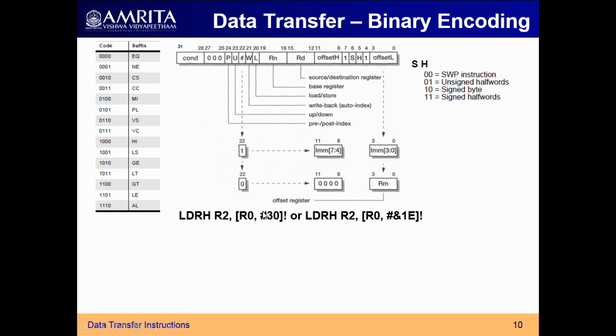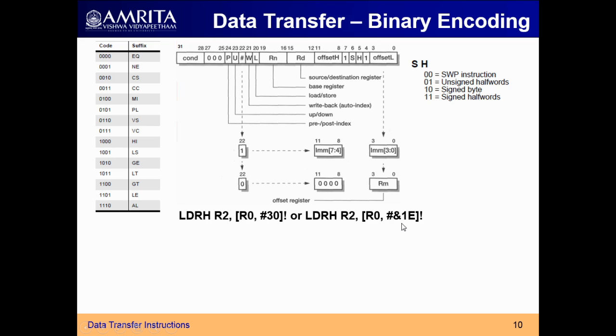Whenever you use hash, the next data you write will be taken as a decimal value. If you want to write the data as hexadecimal, you need to add 0x also. So hash and 1e means 1e will be taken as a hexadecimal offset. Both are the same, you can use either of these values.